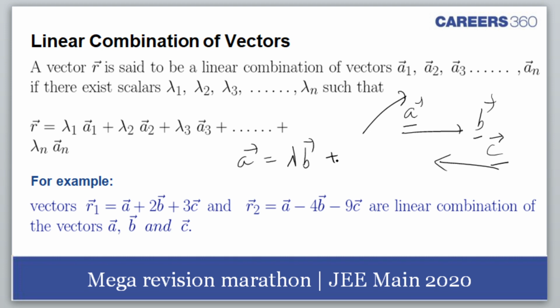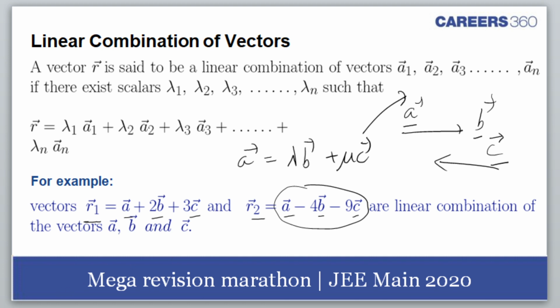So A equals lambda B plus mu C. That's how you express it. So A vector is a linear combination of B and C. We have shown you that R1 is a linear combination of A, B and C. R2 is again a linear combination of A, B and C, but a different linear combination. I hope this is understood by everyone.